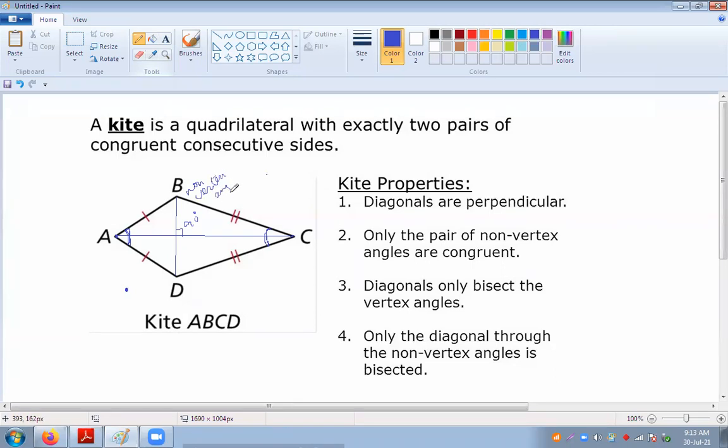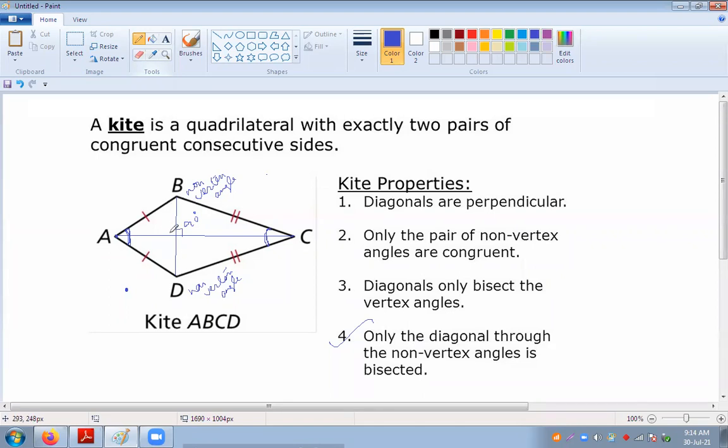First you understand this properly. This and this are non-vertex angles. So the diagonal AC is bisecting the vertex angles. Property number 4: the diagonal through the non-vertex angle, that means BD, is the only one bisected.